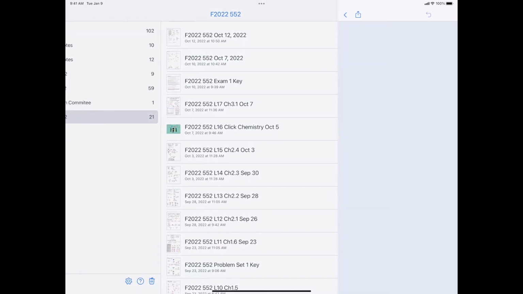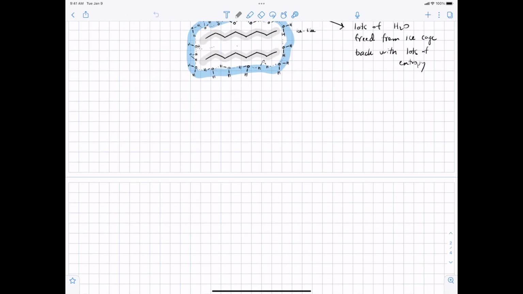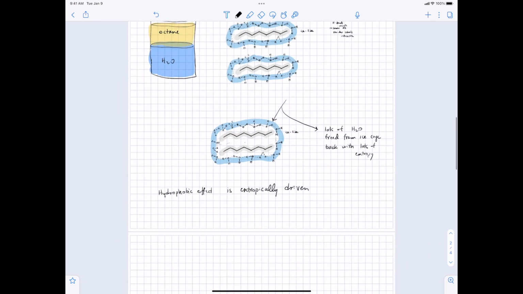So the hydrophobic effect is entropically driven. The reason it occurs is because water has a lower entropy when it's surrounding nonpolar things.